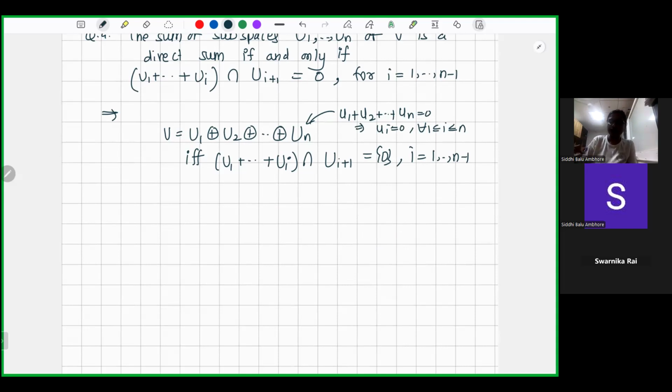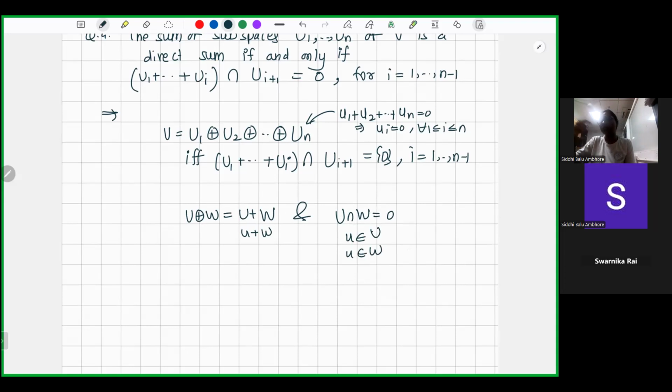I hope you understand what that means, right? That U intersection W is 0 in U plus W. This is just normal basic U plus W, but in this case the intersection is 0.